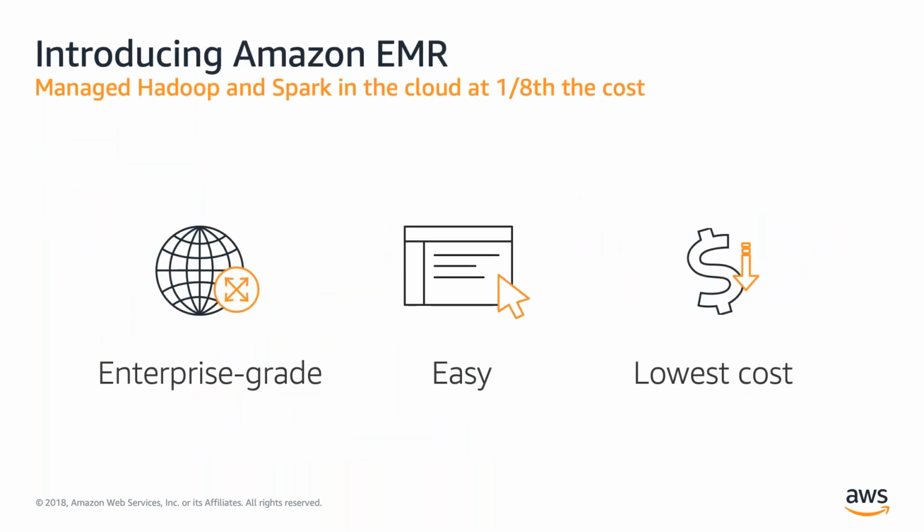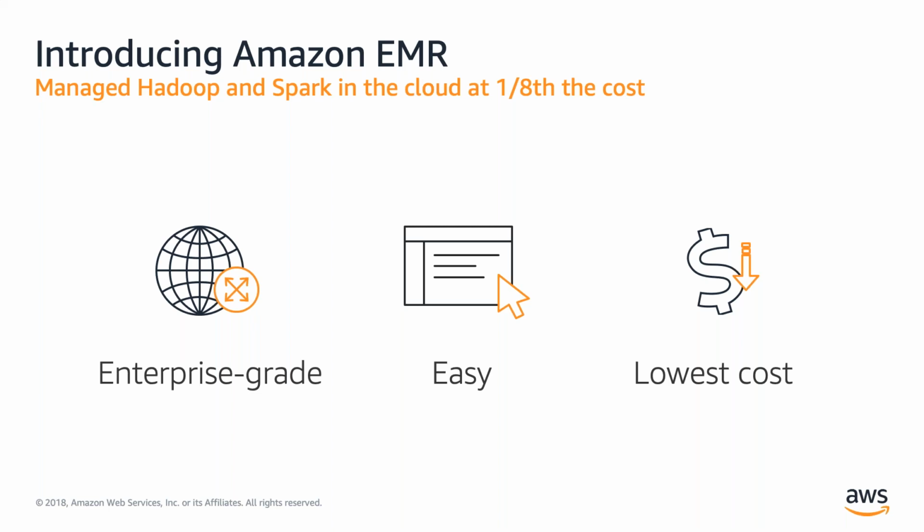Amazon EMR is an Apache Hadoop and Spark distribution built for the cloud that combines the integration and testing rigor of commercial Hadoop distributions with the scale, simplicity, and cost effectiveness of the cloud. It allows you to launch Hadoop and Spark clusters in minutes without needing to do node provisioning, cluster setup, Hadoop configuration, or cluster tuning.